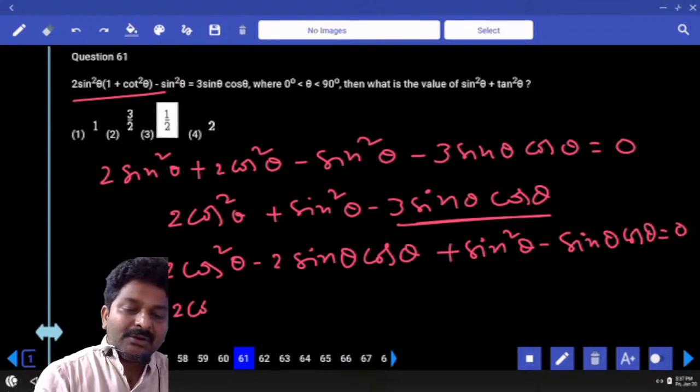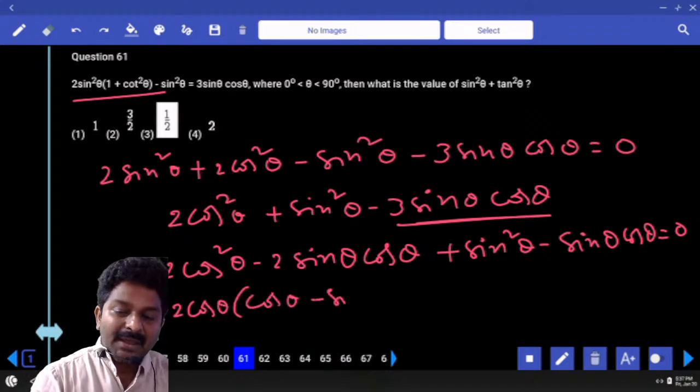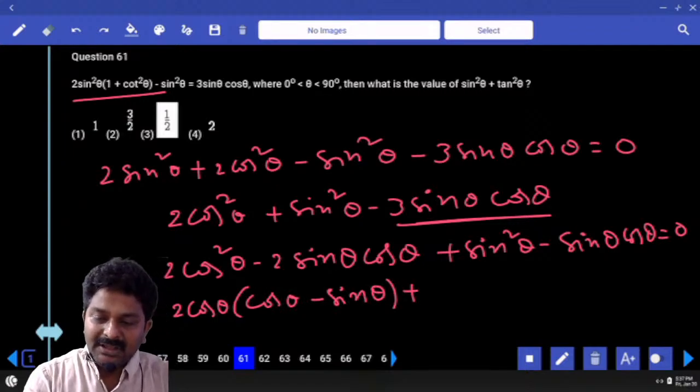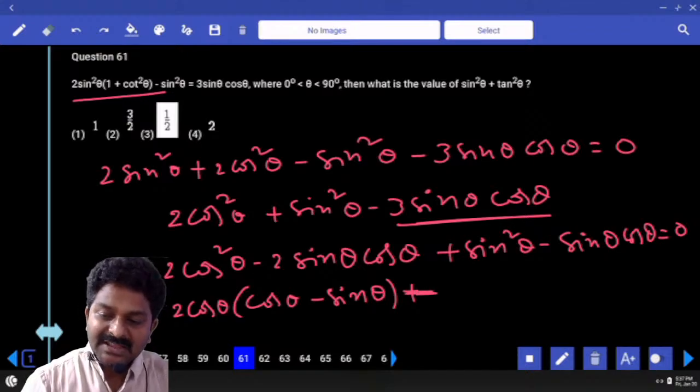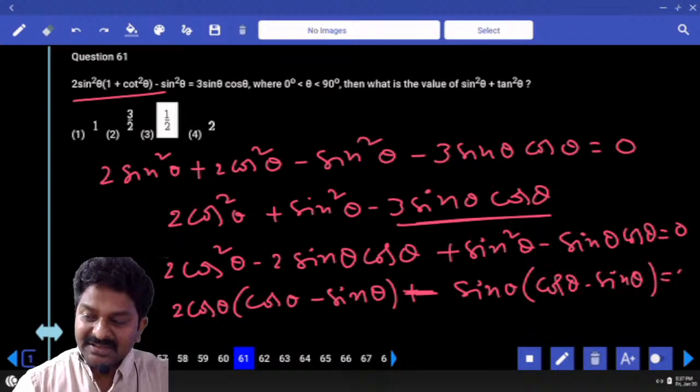If you take 2 cos theta common, it is cos theta minus sin theta, and here I would like to take minus sin theta as common. Then it will be cos theta minus sin theta is equal to 0.